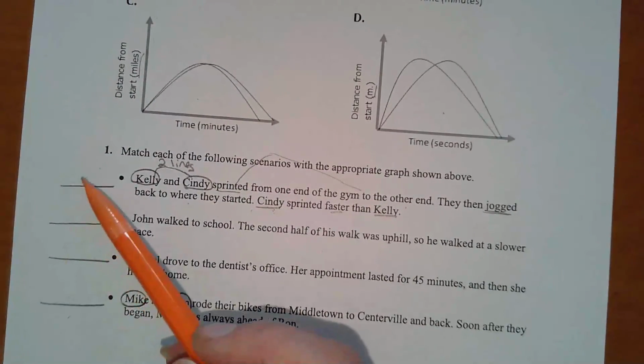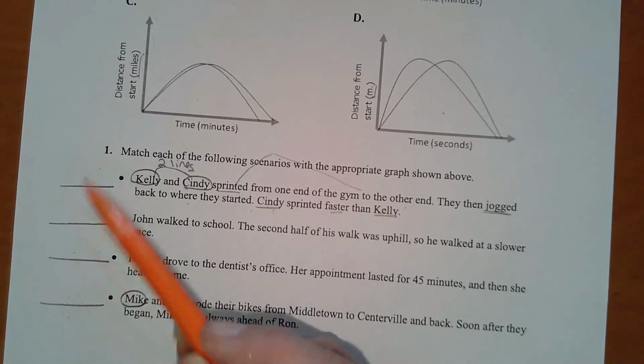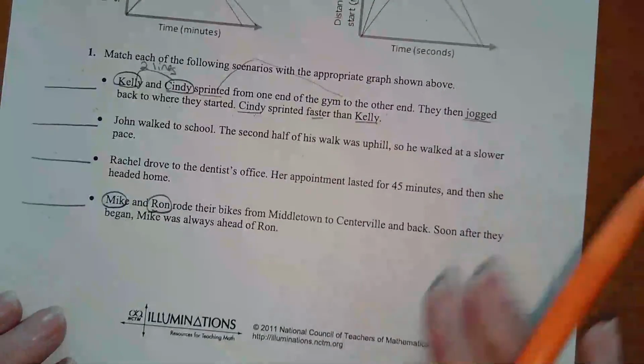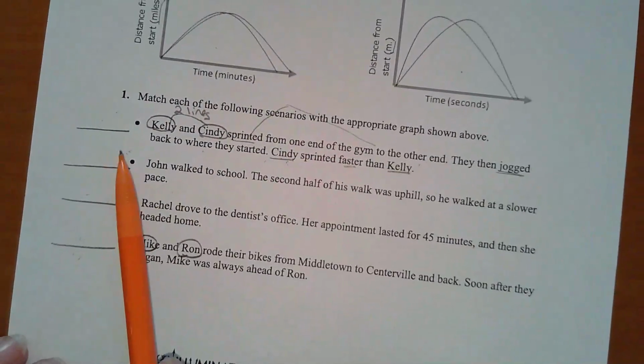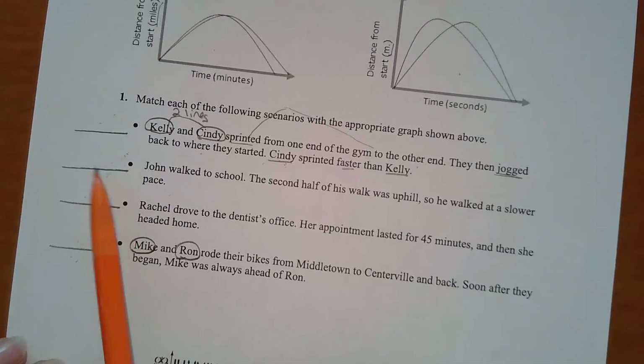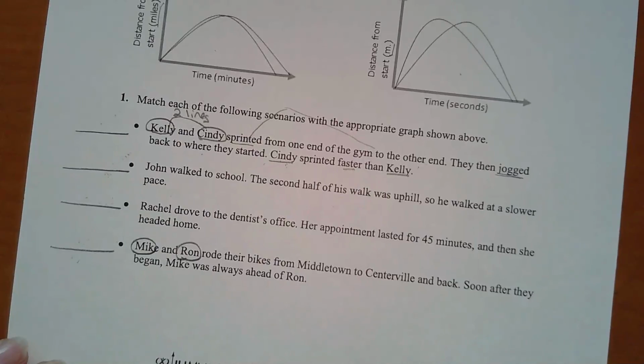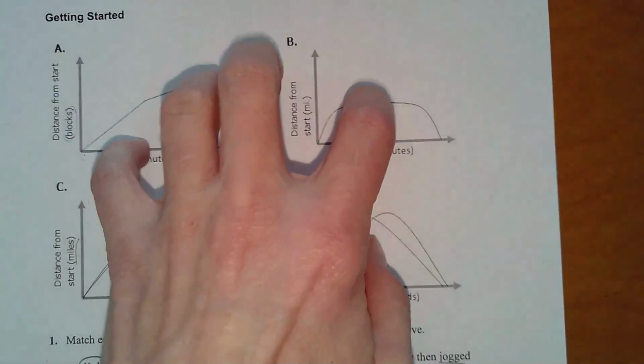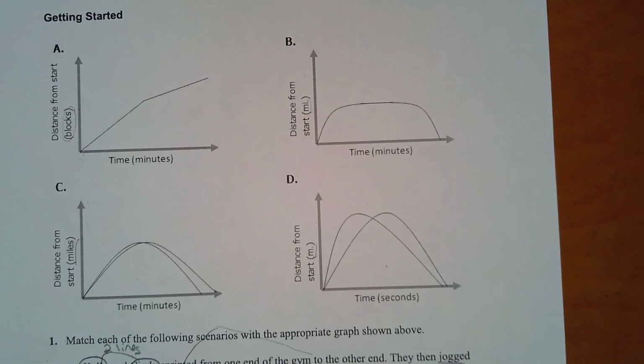Because quite honestly, if all you do is write a letter in these blanks and you don't show me up here how you got it, it's very easy to get a poor score on this assignment. This is the part that you need to think through, photograph, get your notes written on, and send to me.